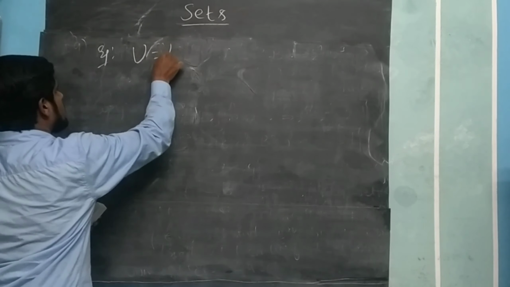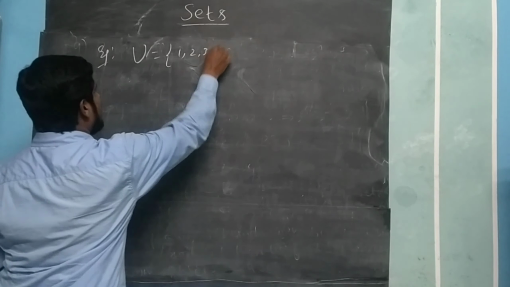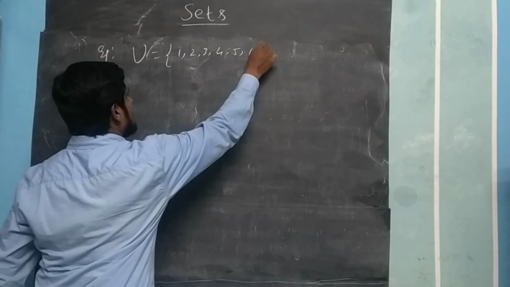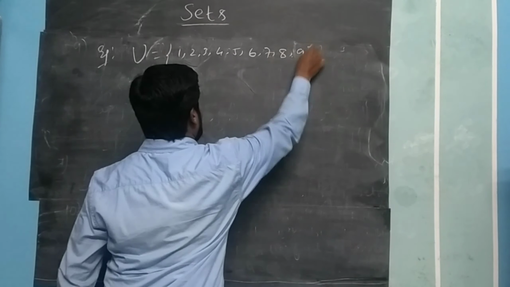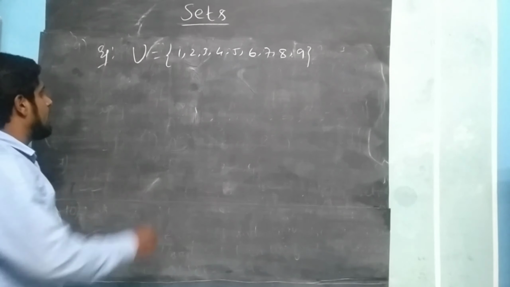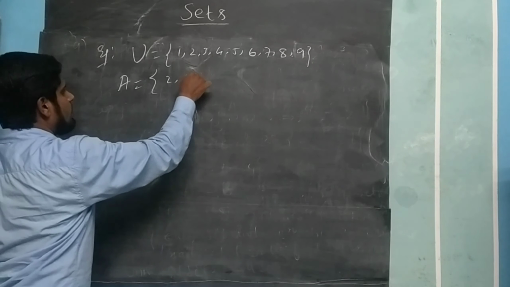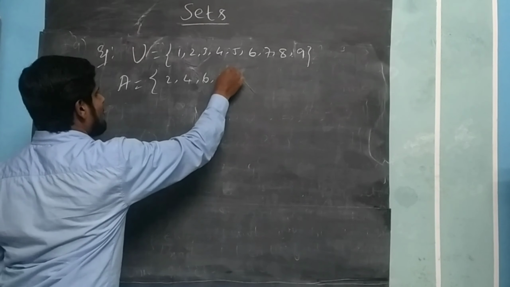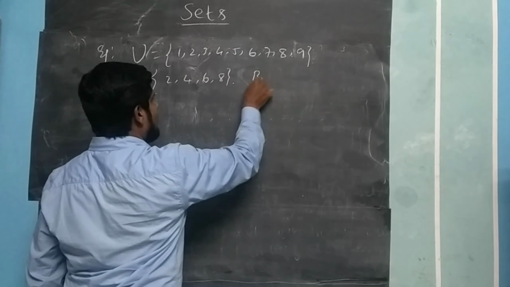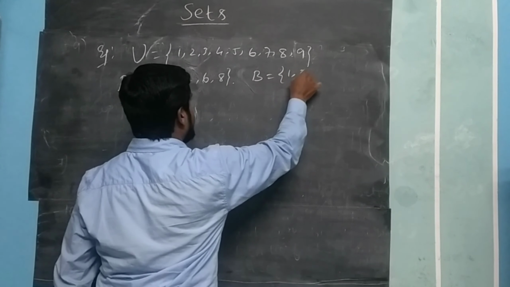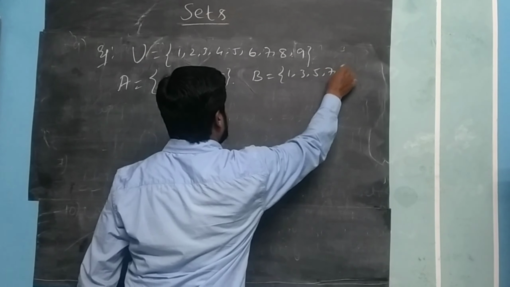If U equals {1, 2, 3, 4, 5, 6, 7, 8, 9}, and A is even numbers less than 10, B is odd numbers less than 10.